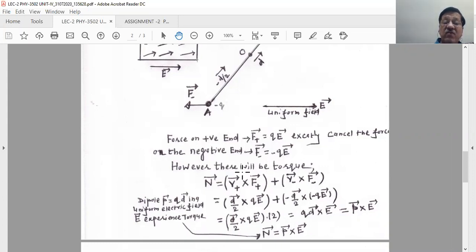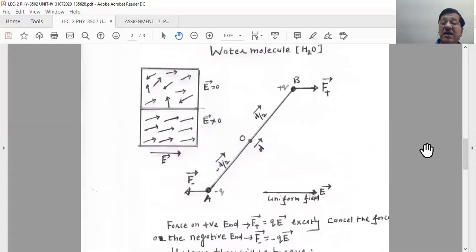Now we want to write down the torque with respect to the point O. So I want to write down the expression for this. And you know the expression of torque which you have studied in 12th standard.